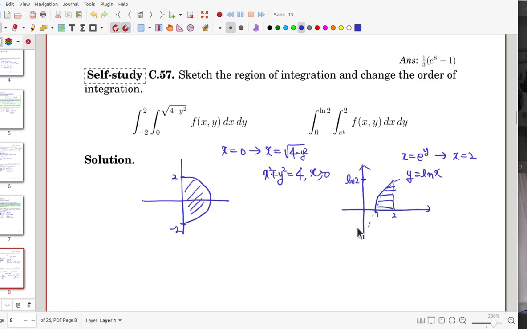Now, if we try to get the x-outer integration, then the given integral must be from 1 to 2 in the x direction. In the y direction, the bottom y is 0, the top y is logarithm x. And f is there, and now dy and dx, right? Okay.